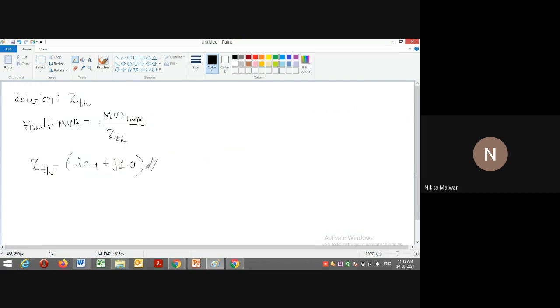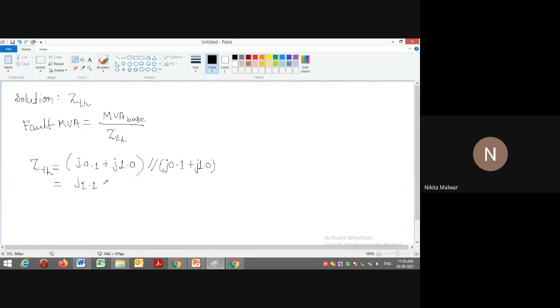In the next section, the values are J 0.1 plus J 1.0. Now what will be the answer? By calculating, J 0.1 plus J 1.0 is J 1.1.